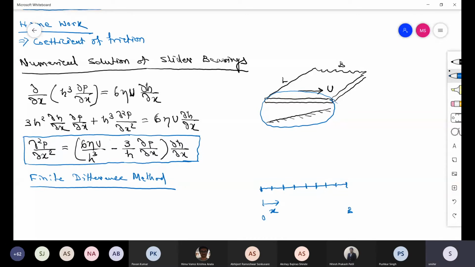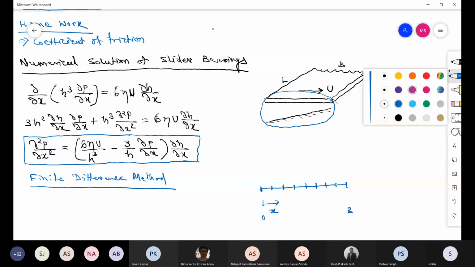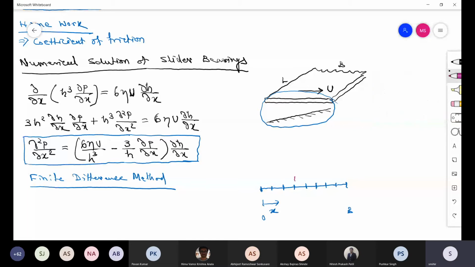Now let us name any nodal point. Let's say at any nodal point, this is called ith node. So obviously the left side node I can call I minus 1, right side node I can call I plus 1. Okay.